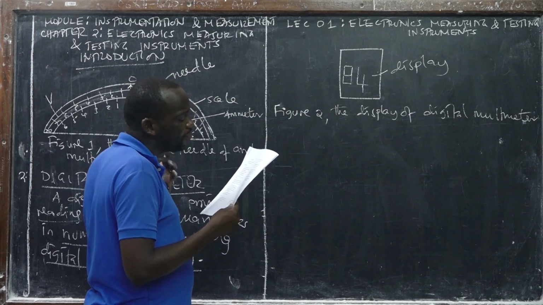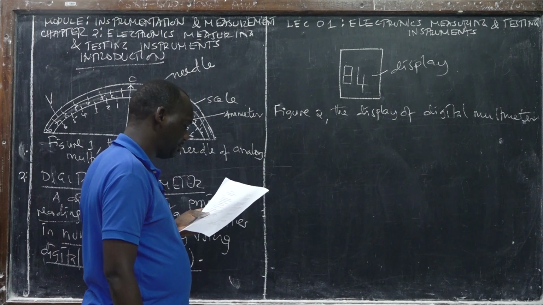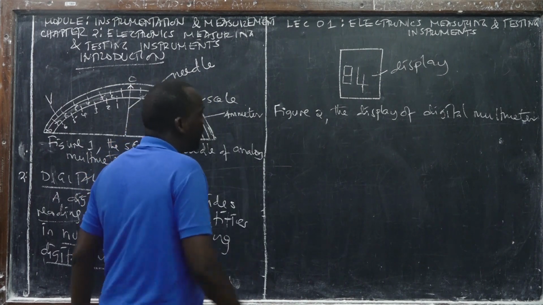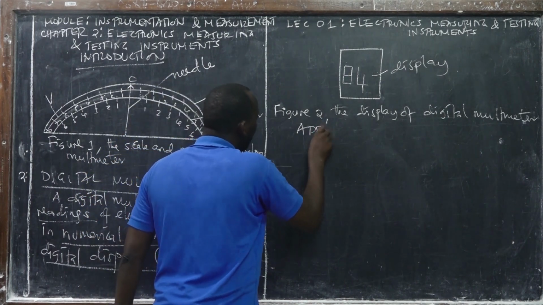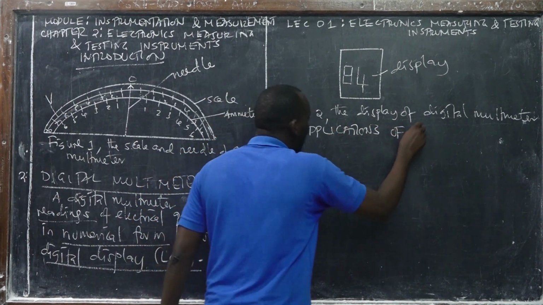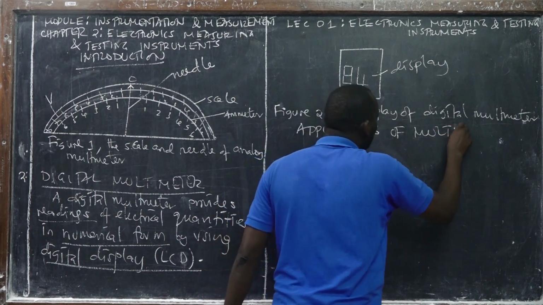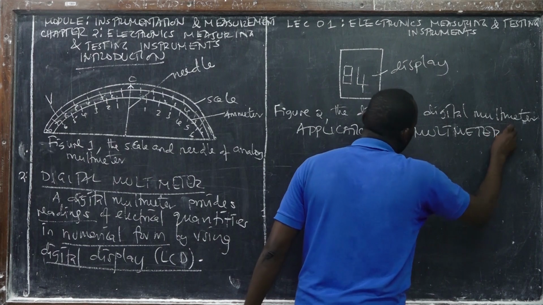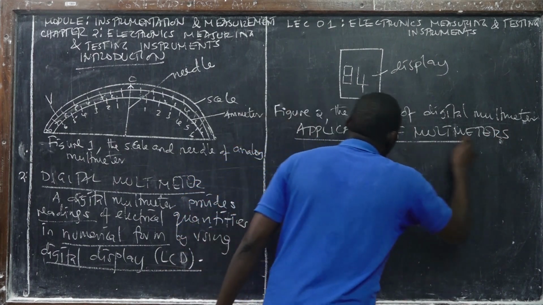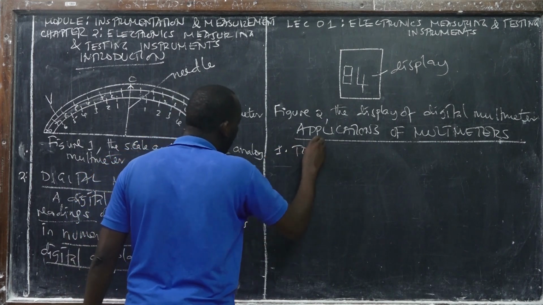What are the applications of multimeter? Please mention to me applications of multimeter. We are using multimeters to do what? Ima, the first application of multimeter is what? To test the continuity. Very good.